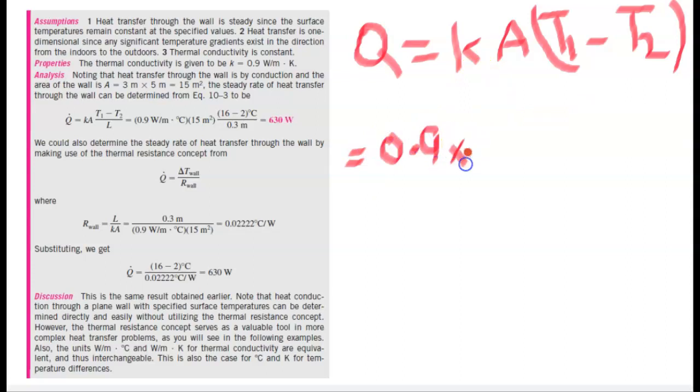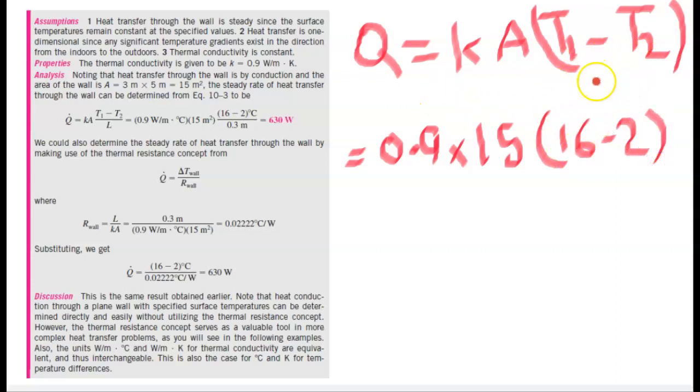The value for the A, which is 5 times 3, is 15. And the T1 minus T2, T1 is 16, minus 2. It's good to convert that into Kelvin, but you will get the same difference. Now, do not forget this is divided by the L. So divided by the 0.3.